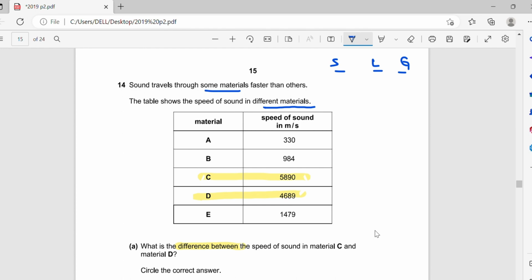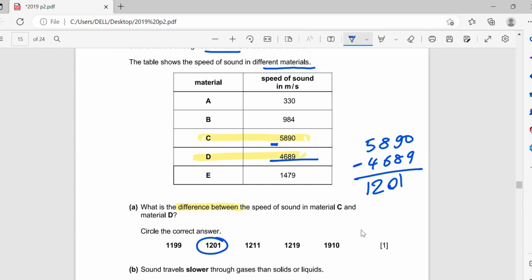I need to know the difference. يبقى ده minus ده، 5890 minus 4689. الانسر بتاعي 1201. يبقى الانسر نختاره من هنا.